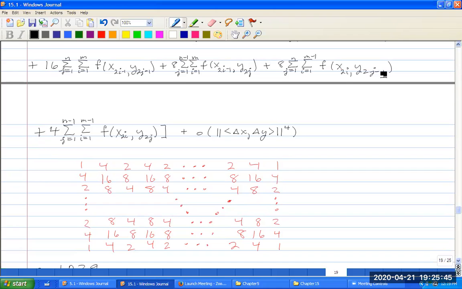Now this says we have a whole bunch of 16s. We have 16s in every other square. They have a 16 here, 16 here, 16. So every other square has a 16 in it. That's what this says here.